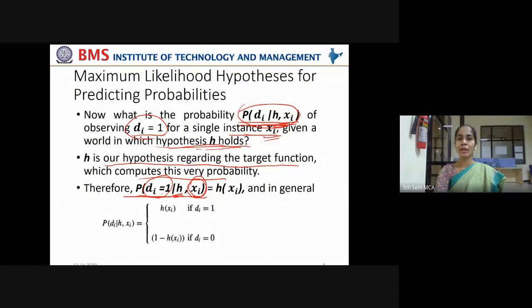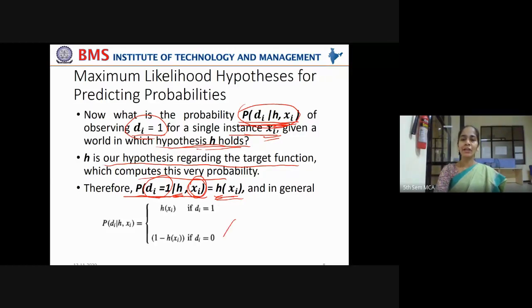What is the probability of that patient surviving? Di equal to 1. Okay, that is nothing but h of xi. If he is surviving, it is according to the hypothesis, right? Meaning this xi is according to this hypothesis h. So simply you can represent it as h of xi.